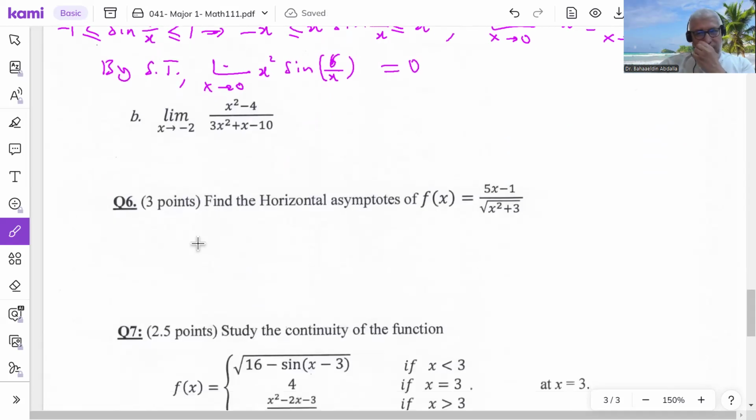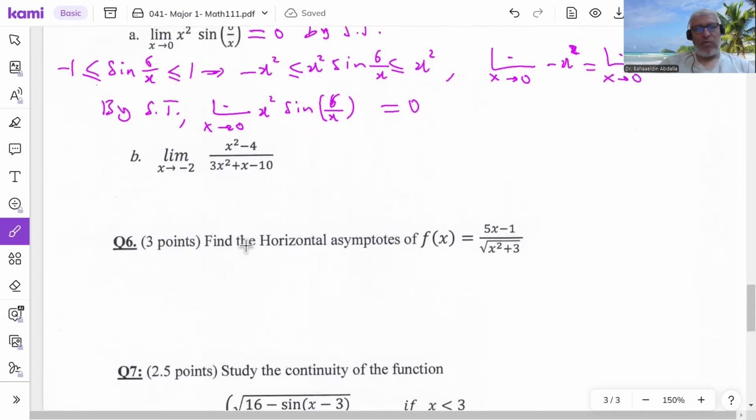To find this limit, if I replace x by -2, I'll find the answer is 0 over 0. So I try by factoring. It is x minus 2 times x plus 2. That's the factored form of x squared minus 4.